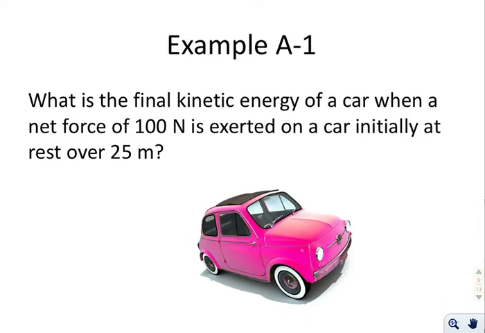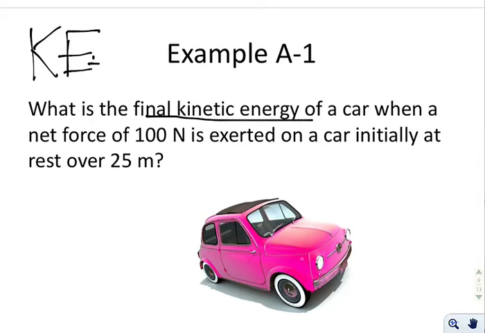It says, example A1, what is the final kinetic energy of a car when a net force of 100 newtons is exerted on a car initially at rest over 25 meters. So you are looking for the final kinetic energy. Okay, so I'm going to say KE, and I'm going to put a little f here just to say that it's final.